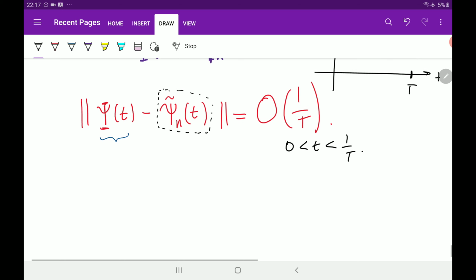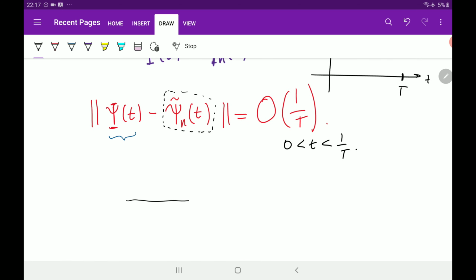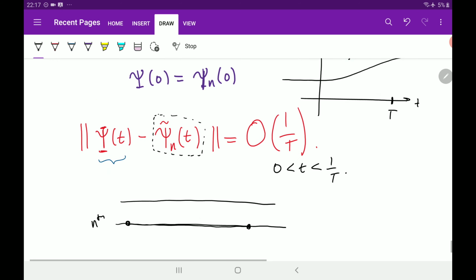So you're very, very likely to stay in the eigenstate that you start off with. If you start off in the nth eigenstate, you're very likely to remain in the nth eigenstate. And this is more precise as to what we mean by very likely.